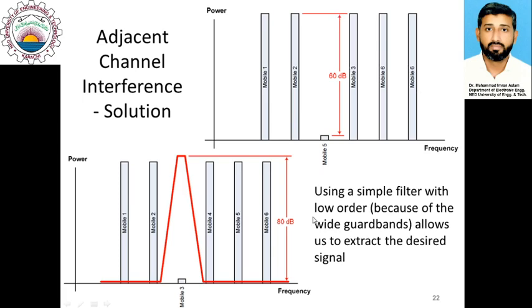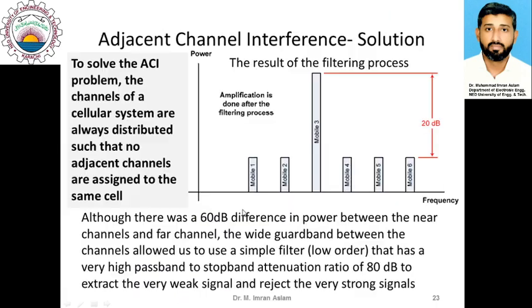Once we pass it through the 80 dB attenuator filter, all these frequencies will be suppressed, and we will end up with the mobile frequency which is available here. You can see all the other frequencies would be suppressed to a significant level, and the original signal that we are interested in will have a higher power level as compared to all other signals.